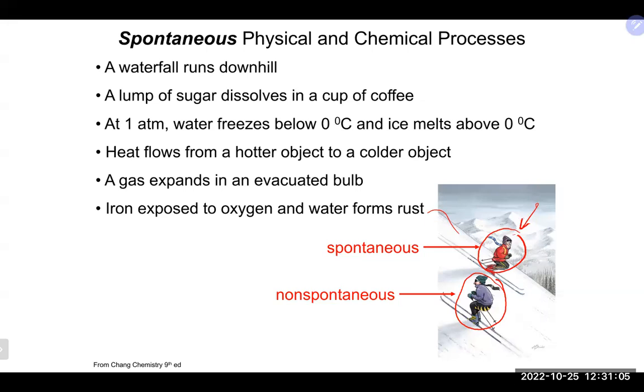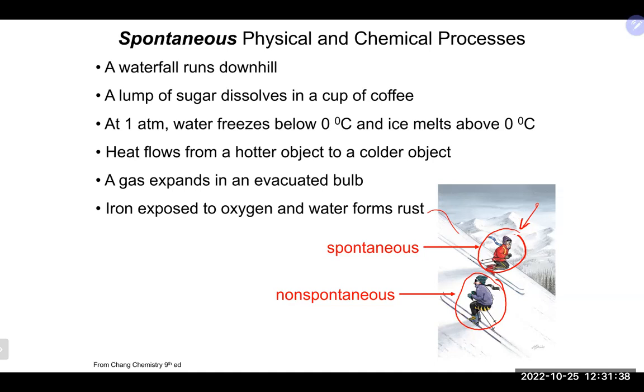What we're talking about in this chapter is that if it is spontaneous, under those particular conditions, we would expect this reaction to actually occur. It should occur by itself. If it is non-spontaneous, under those conditions, the reaction would not occur. It really has nothing to do with how fast or slow a reaction occurs.